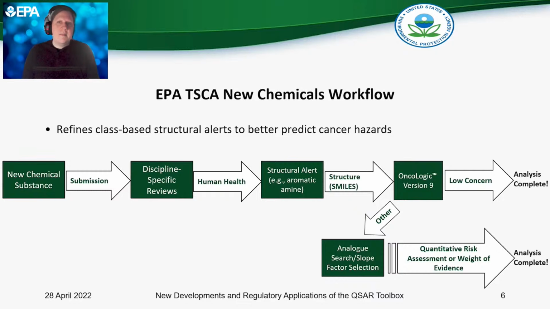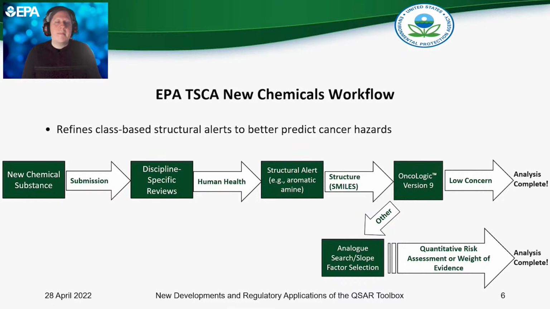Okay, so let's talk a little bit about how it's being used in the new chemicals workflow. So Oncologic helps to refine class-based structural alerts to better predict cancer hazards. We start with a company that's making a submission to the US EPA with their new chemical substance.